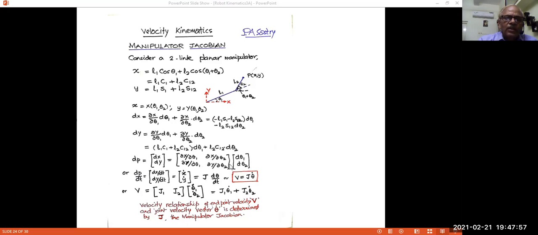We can write J with J1 and J2 as the two columns, so V is equal to J1 theta 1 dot plus J2 theta 2 dot. This velocity relationship of the end point velocity V with the joint velocity vector theta dot is determined by J, the manipulator Jacobian.